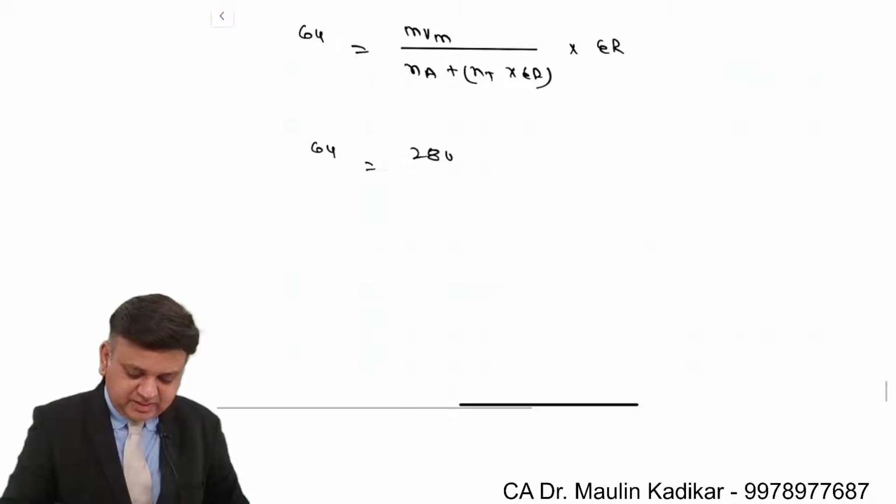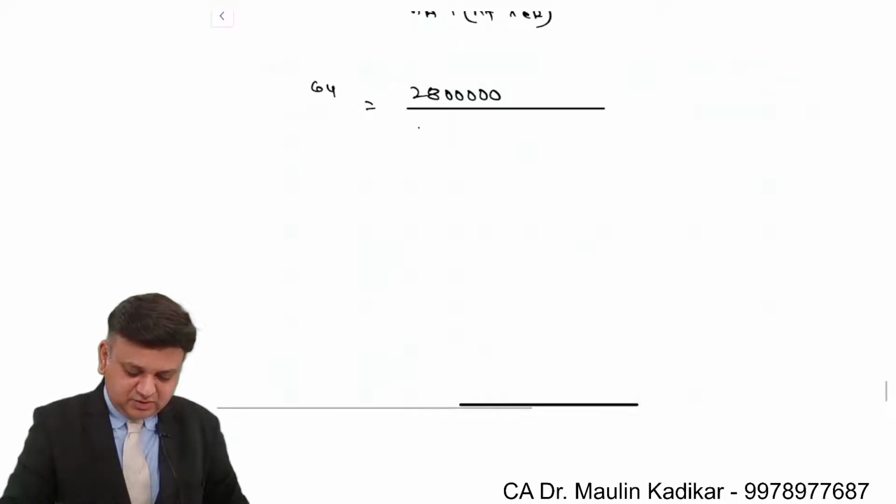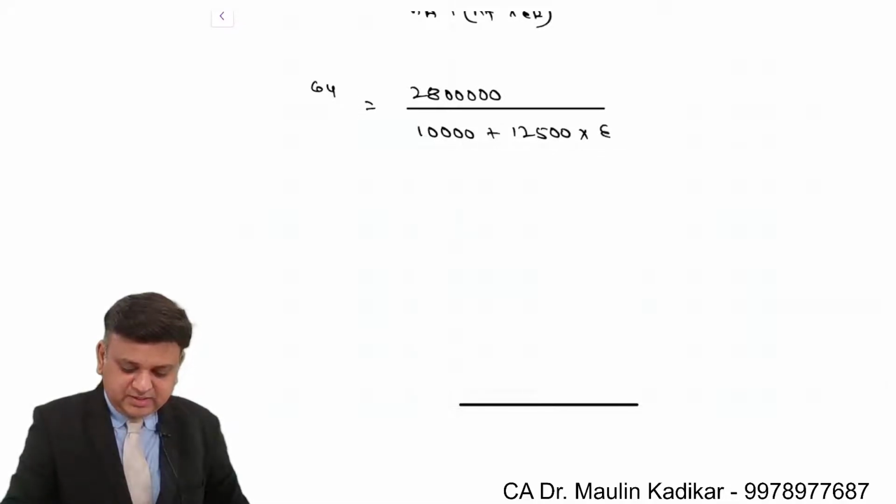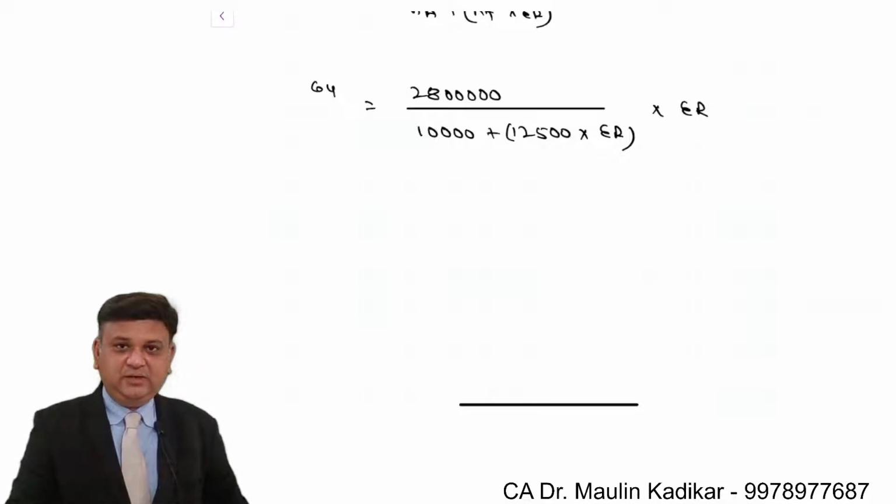64 is equal to 28 lakhs divided by number of shares of the acquiring company, 10,000, plus target company 12,500 into exchange ratio, which we do not know, into exchange ratio once again.